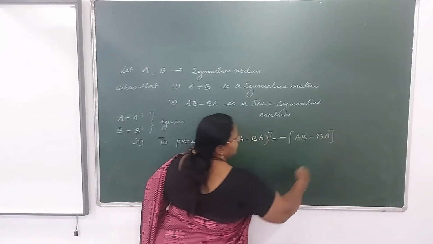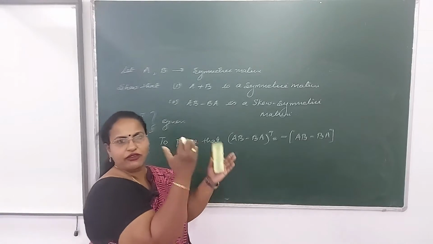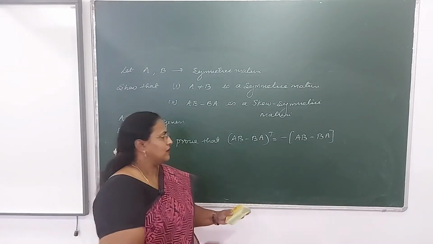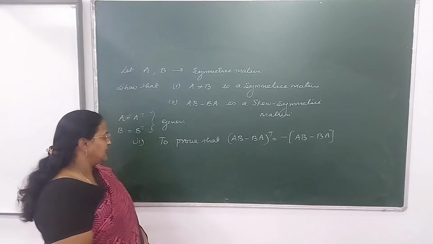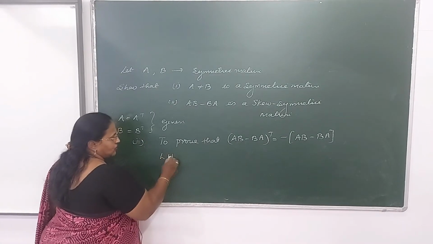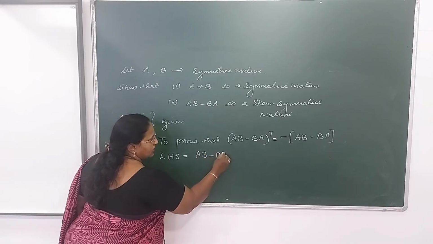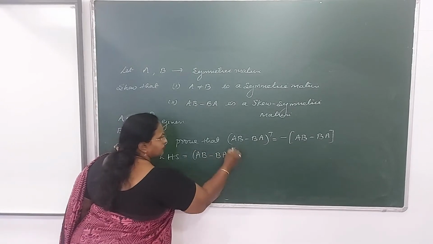I hope children you are getting all this clear. Basically we are applying the property of symmetric and skew symmetric only. Okay, so let us see the left side. Let us take it. So LHS is AB minus BA whole transpose.